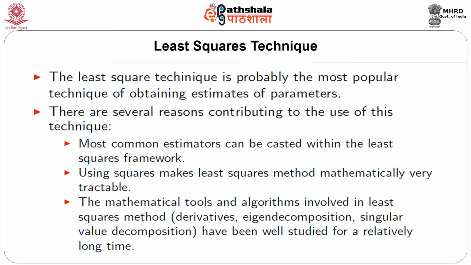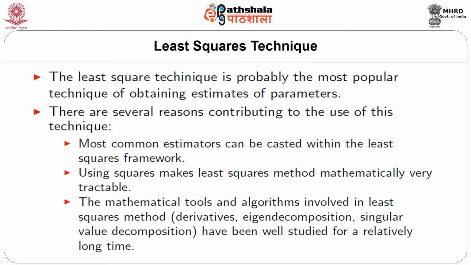They are: the most common estimators can be casted within the least square framework, and this is why the use of ordinary least square has been very popular among statisticians. Using squares makes the least square method mathematically very tractable, and this is one of the other reasons why the use of ordinary least square is very popular.